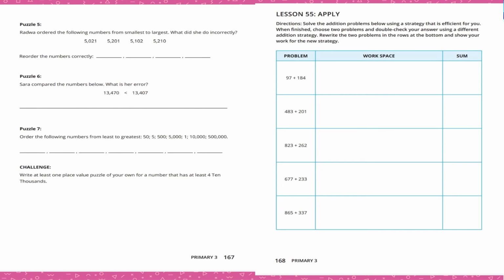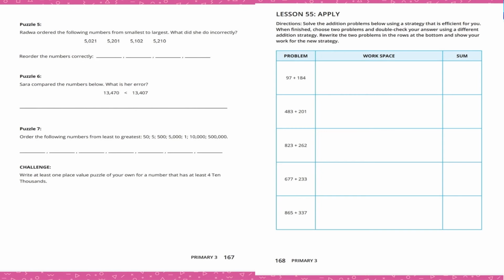Number 5, Radwa ordered the following numbers from smallest to biggest. What did she do incorrectly? Okay, the right answer here, to make the order by the correct way, we have steps. The first step, you must count the digits of each number.